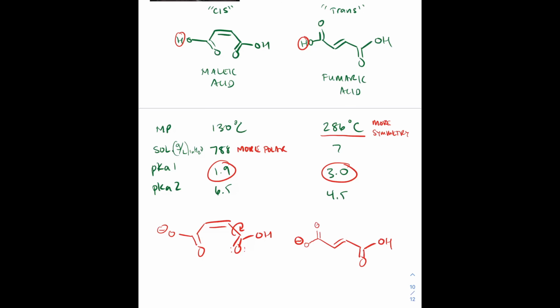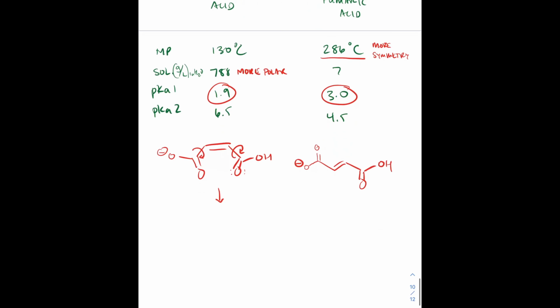We can rotate about this sigma bond. Let's rotate about this sigma bond, and what we end up getting is, so this is just a rotation, so everything else stays the same, except now this OH is here. Let's put that there, and the oxygen on the carboxylate is there, and the carbonyl is on the left. So what did we do?